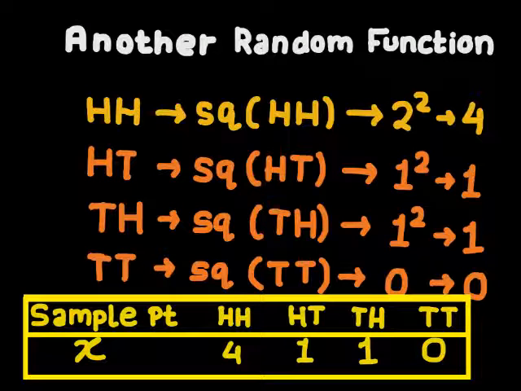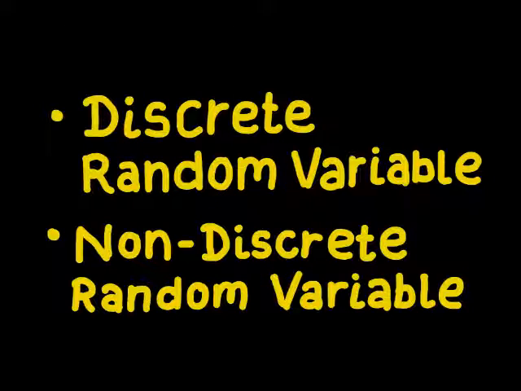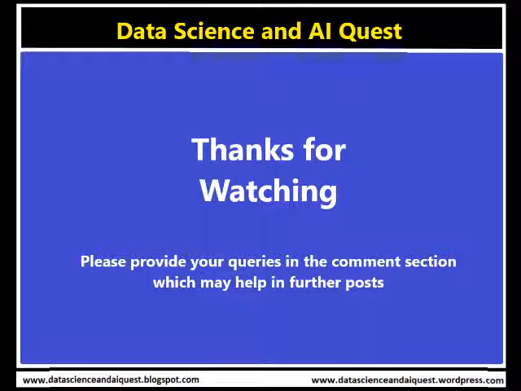And then we discussed discrete random variables and non-discrete or non-countably infinite random variables. So that's it. This will be all in this topic, that is random variables in statistics.